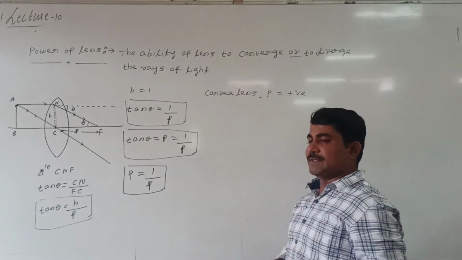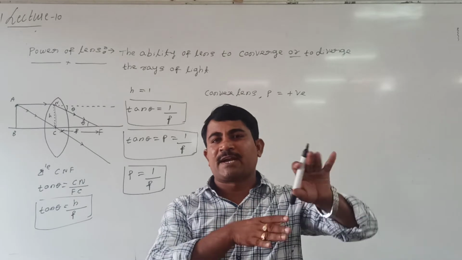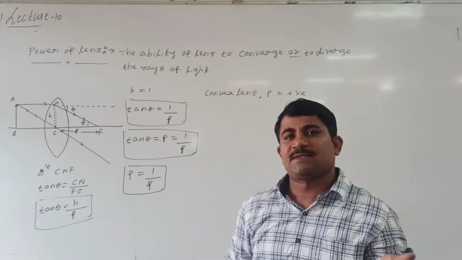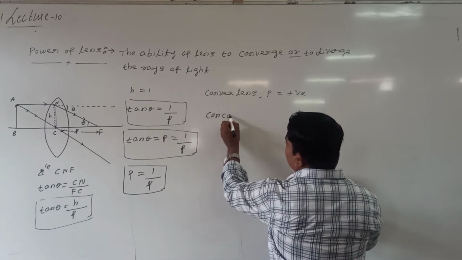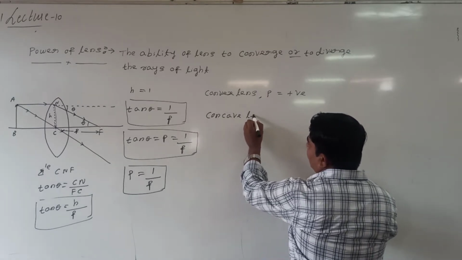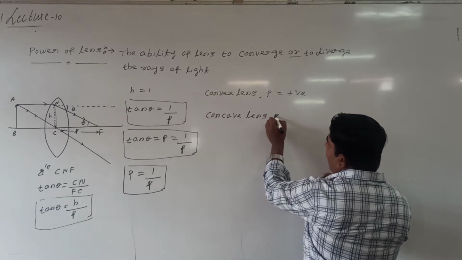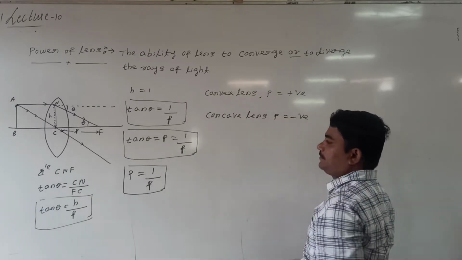Similarly, for a concave lens, focal length is taken to be negative. Already explained in the last class. For a concave lens, this power of lens is taken to be negative.